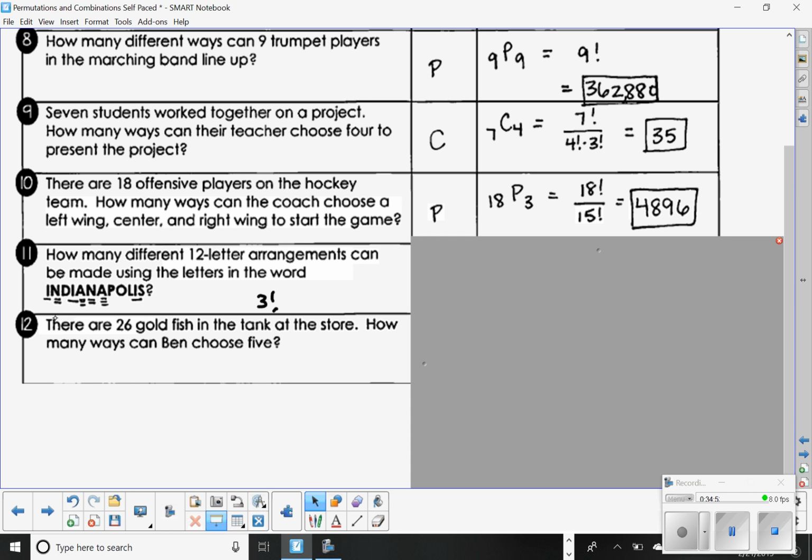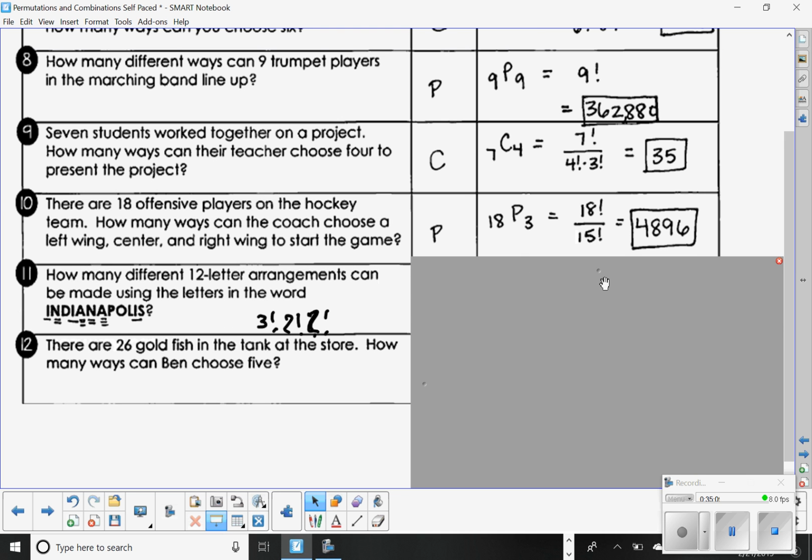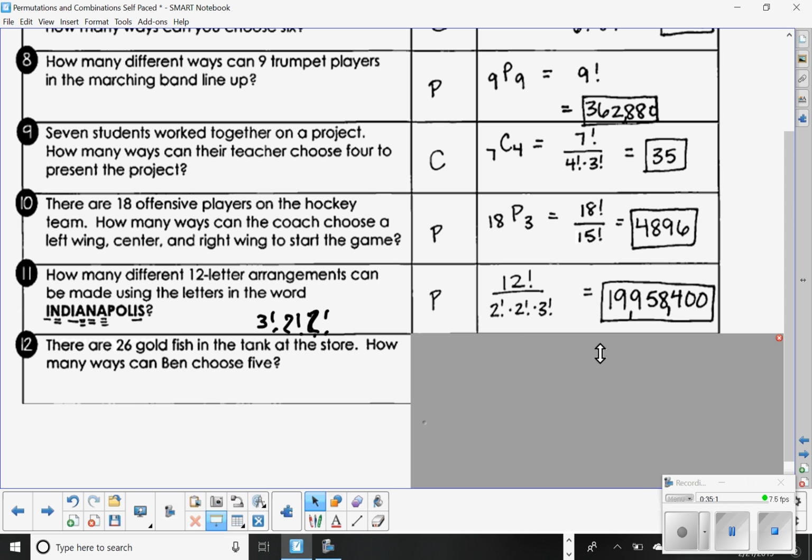We have 2 n's and 2 a's. So that's all in the denominator, and we want 12 different. So it's a permutation, but again, we have to take into consideration that we can't tell the difference between one i and the other i.